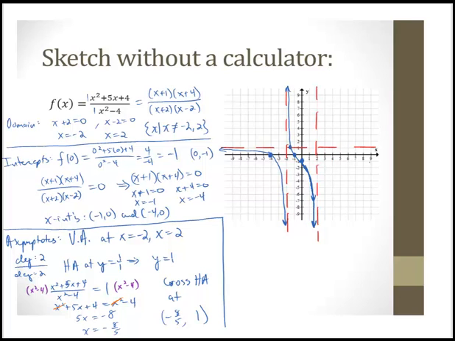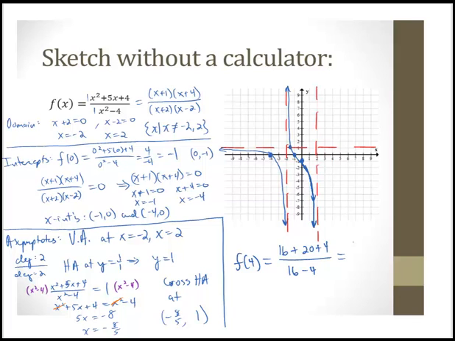Alright, so I really need to figure out only one more spot. What happens when x is greater than 2? Let's let x equal 4 and evaluate f of 4. It doesn't matter which form you use. I'll use 4 squared, that's 16, plus 5 times 4 is 20, plus 4, over 16 minus 4.